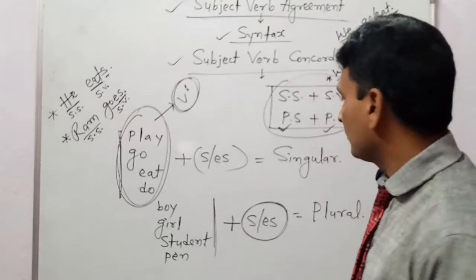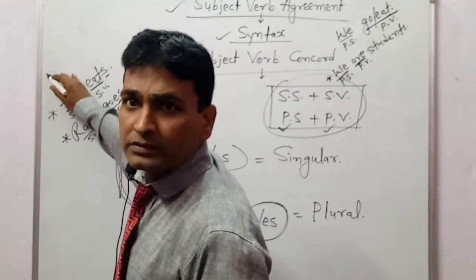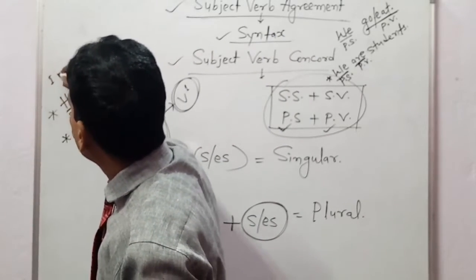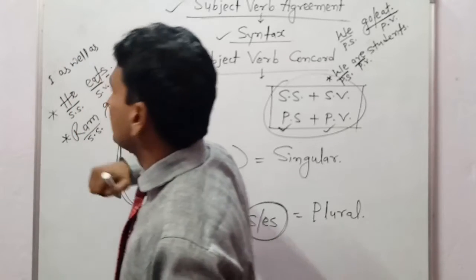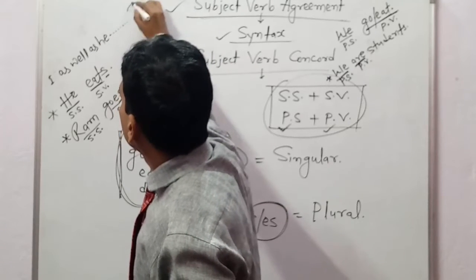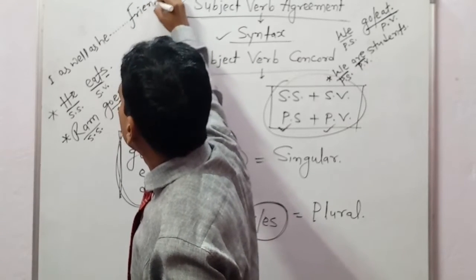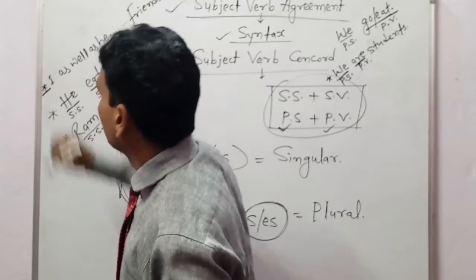So, let me take one more example, I'm just writing here. I hope you can see. I as well as he dash friends. Suppose this sentence you have got in your exam.